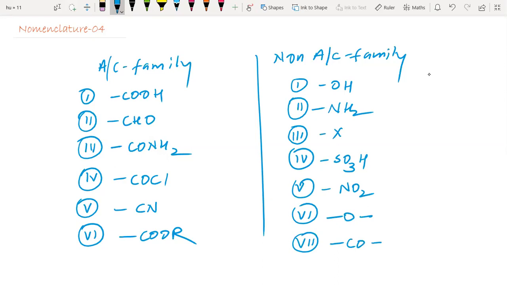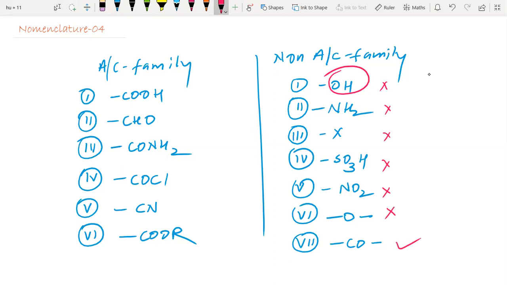Now, how to distinguish? How am I separating the AC family and non-AC, and why did I give the name AC to this? If you see the difference between the two, in non-AC, carbon is not there in the functional group. See, there is no carbon.